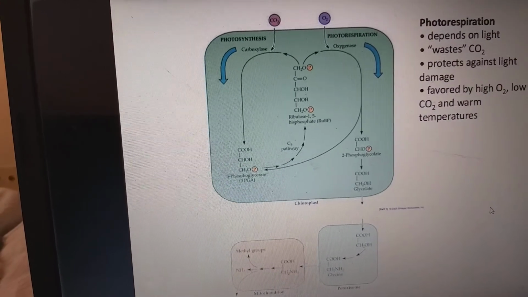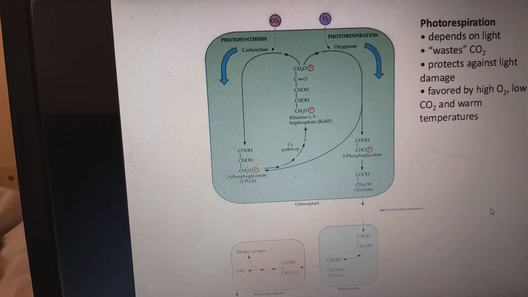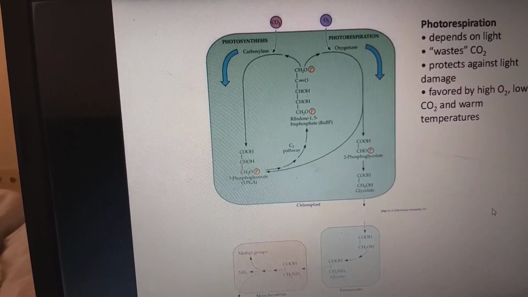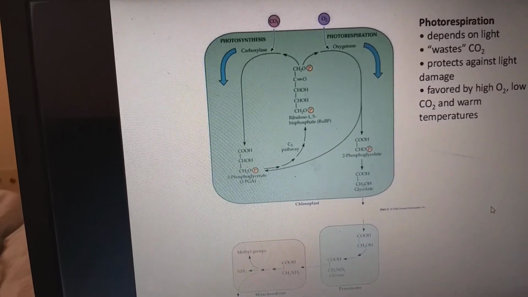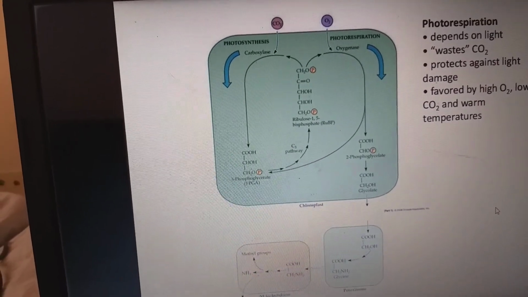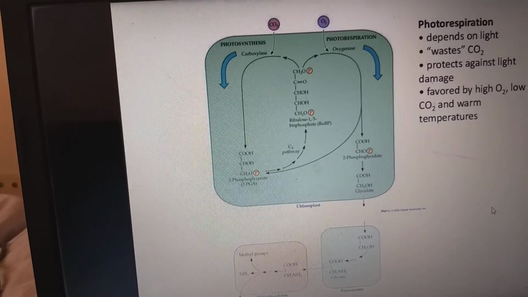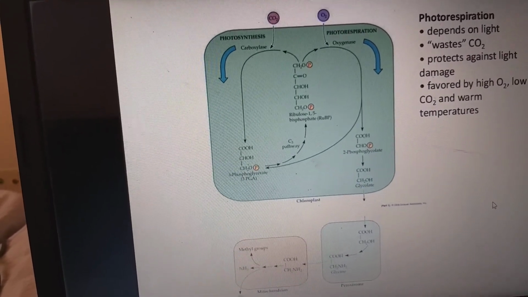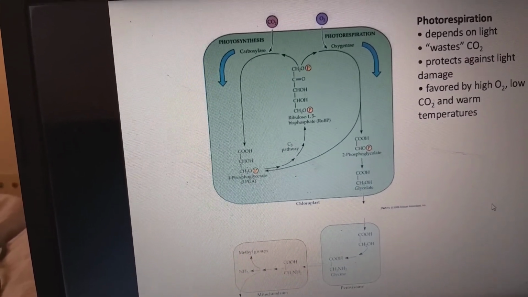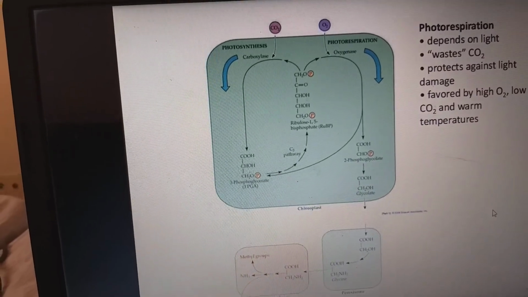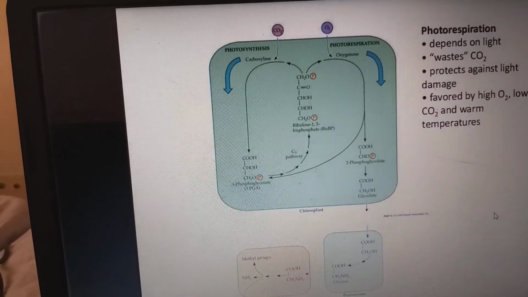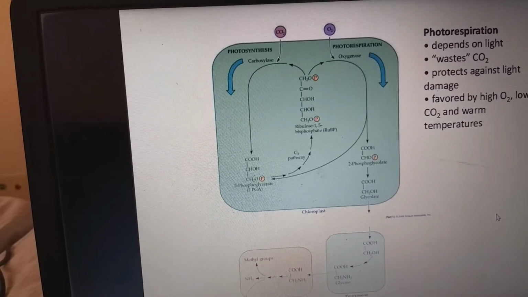Why does this whole thing happen? In the presence of less carbon dioxide availability and during high temperatures. At high temperatures, there will be increased water loss, so the stomata have to be opened and a huge amount of water is lost.